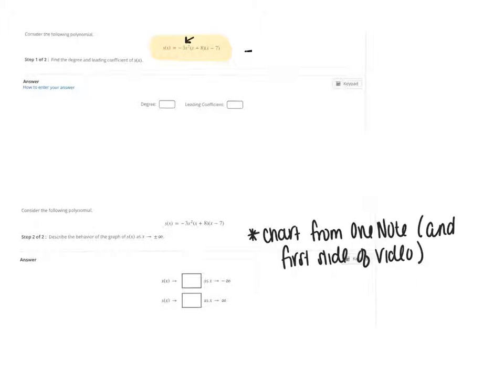So I take the first terms, negative 3x squared, x, and x. So my leading term is going to be negative 3x to the fourth, not just negative 3x squared. So now it's easier to find my degree and leading coefficient. My degree is 4, and my leading coefficient is negative 3.